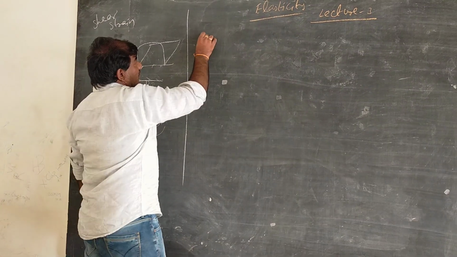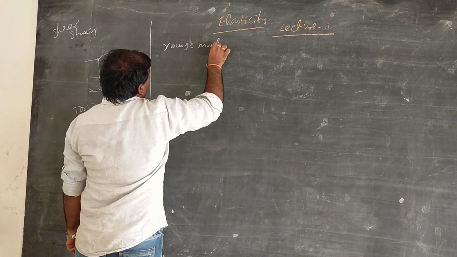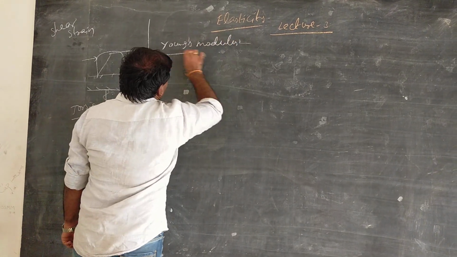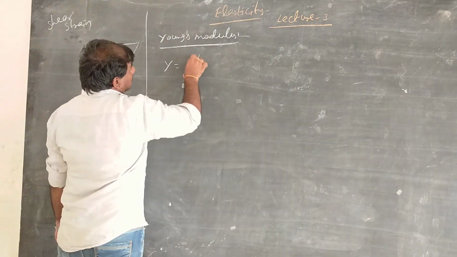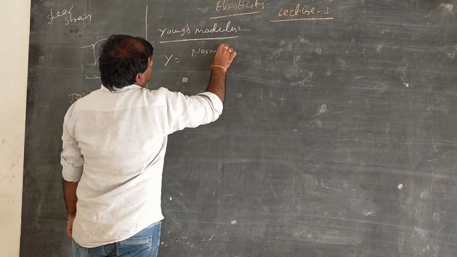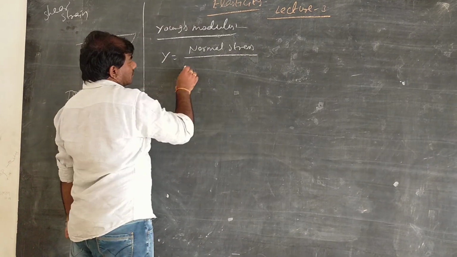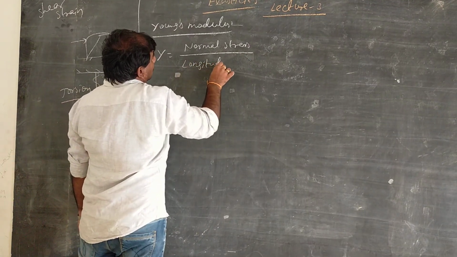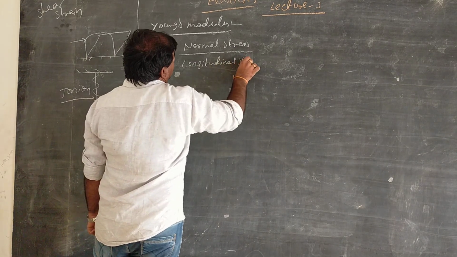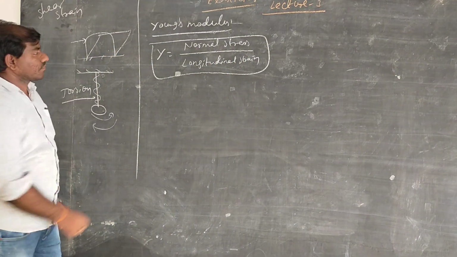And next we will go for Young's modulus. It is represented by Y. Y is nothing but normal stress by longitudinal strain.